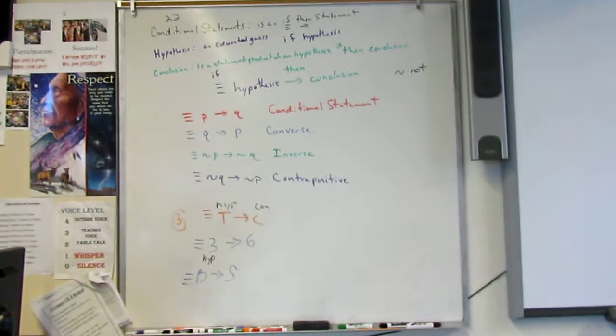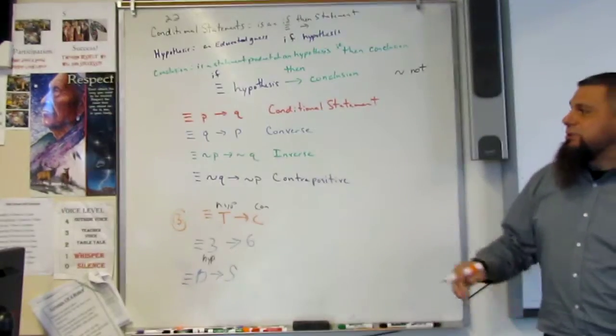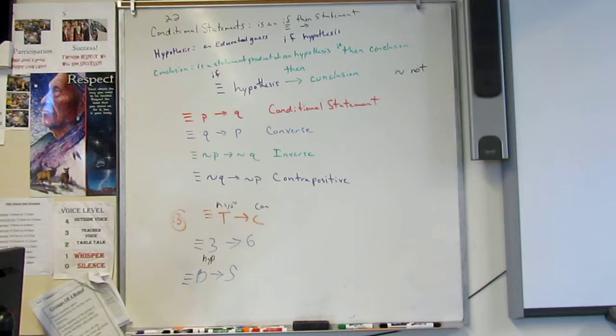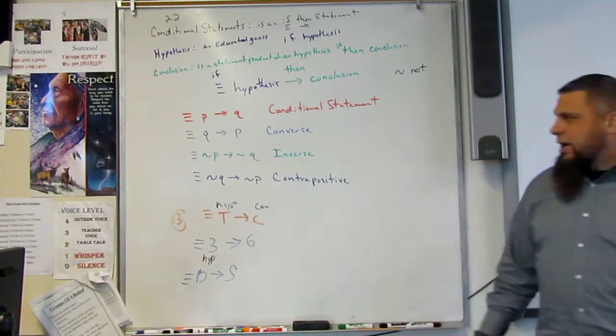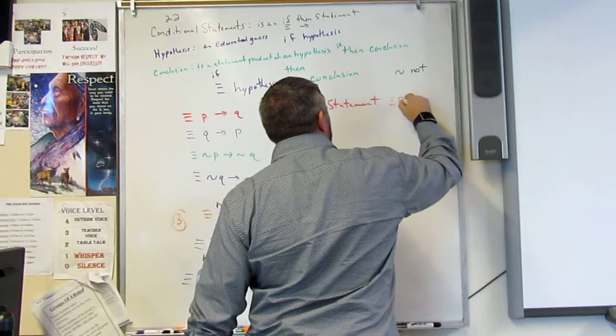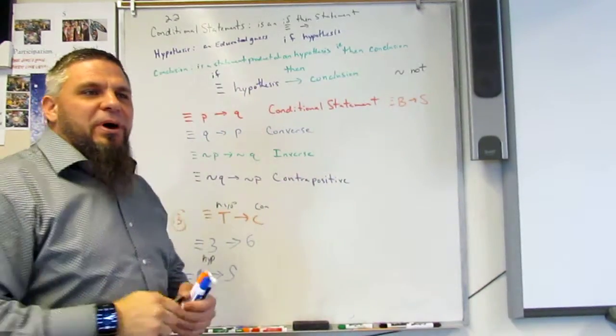Now, could I turn this conditional statement into a converse statement? How would I do that? Switch it around. Yes. So if B, then S. And a converse would be what?